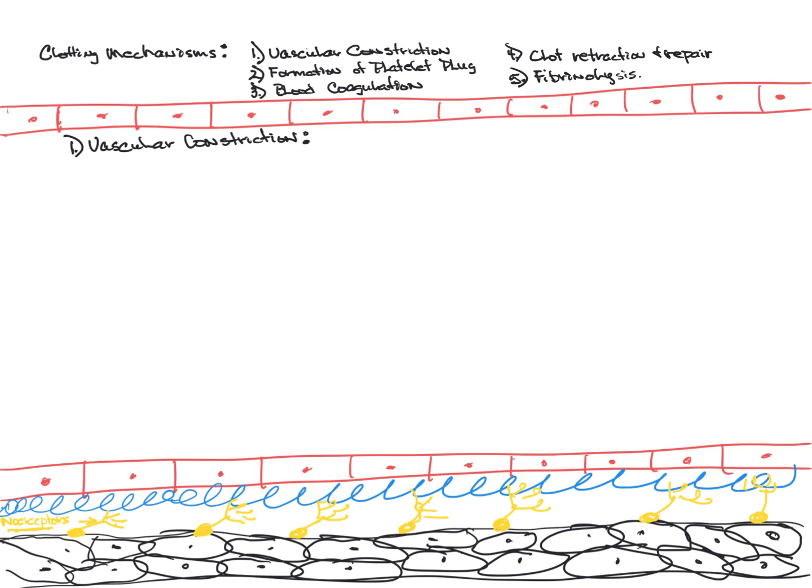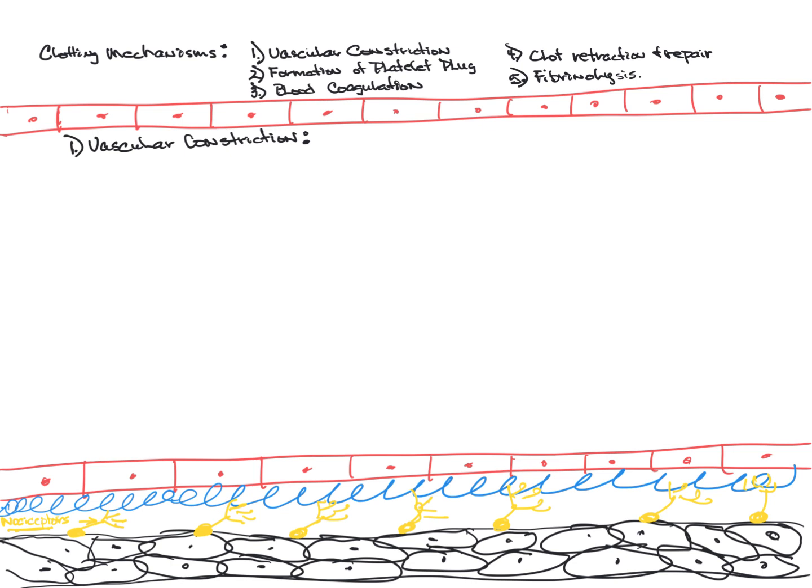And by the way, you will see these 5 things written in the book on Guyton's. He classifies these a little differently as far as terminology, but the most generally accepted consensus for the clotting mechanisms is, as I have it written here, vascular constriction, then the formation of the platelet plug, blood coagulation.